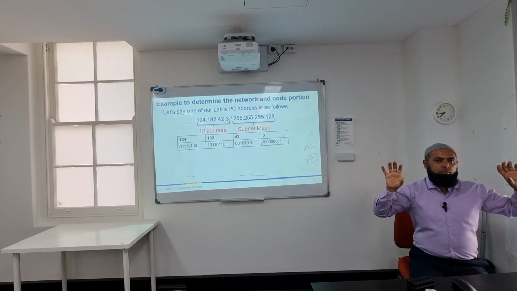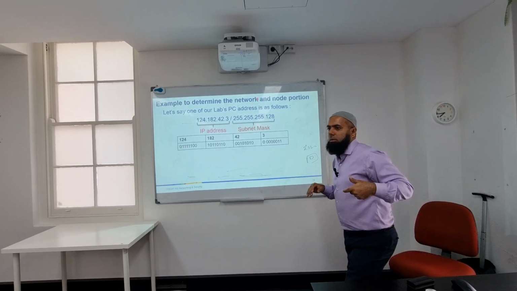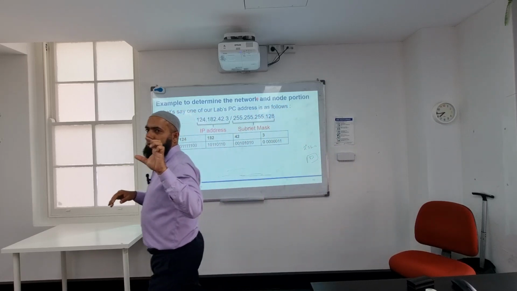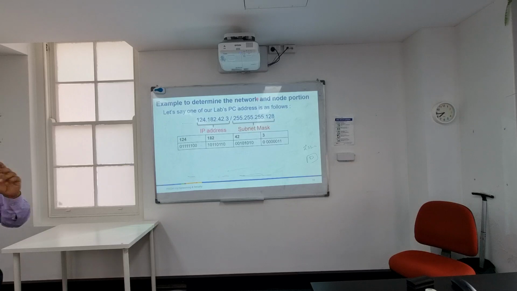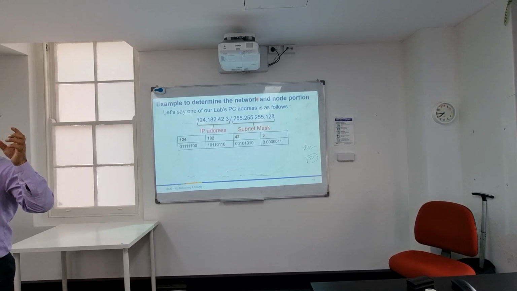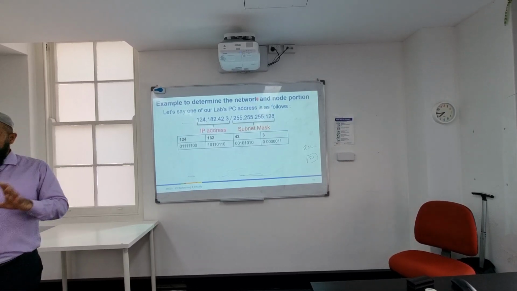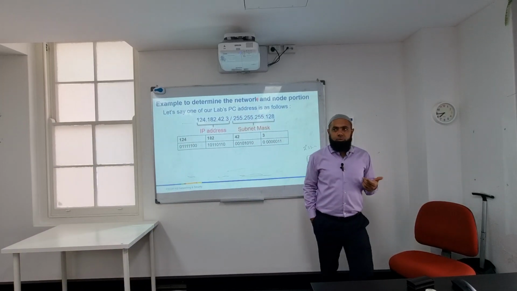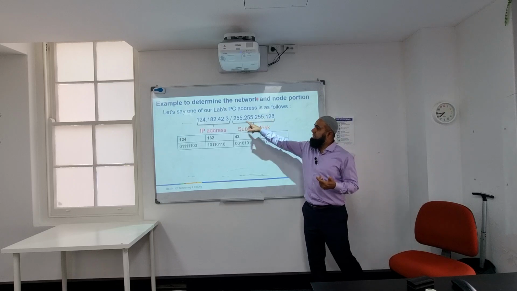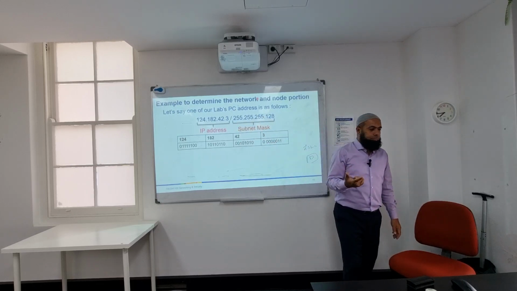Again, to recap, in this example we are looking at two things: finding my network address and my node address. By doing this example, we can find that out. So we need these two things to do that.